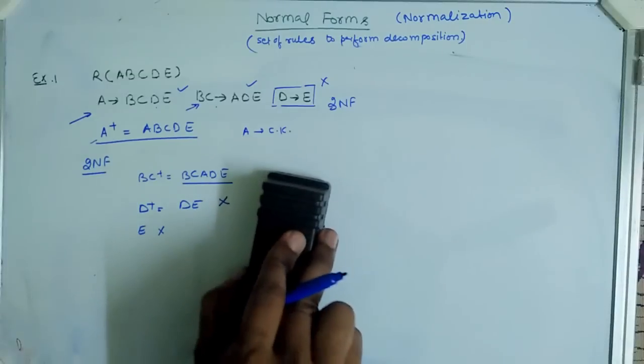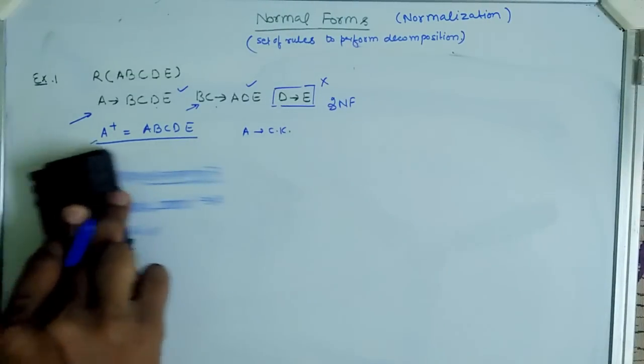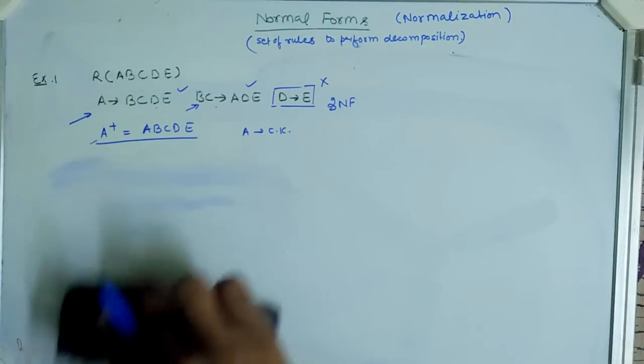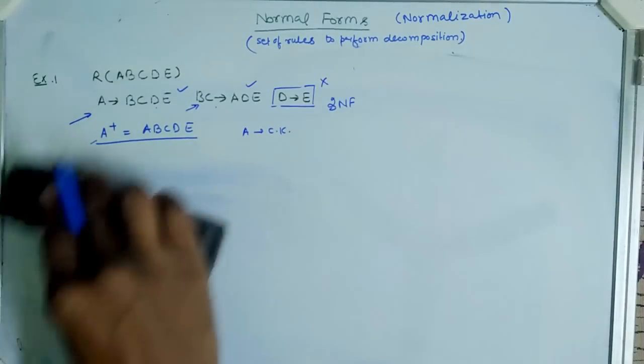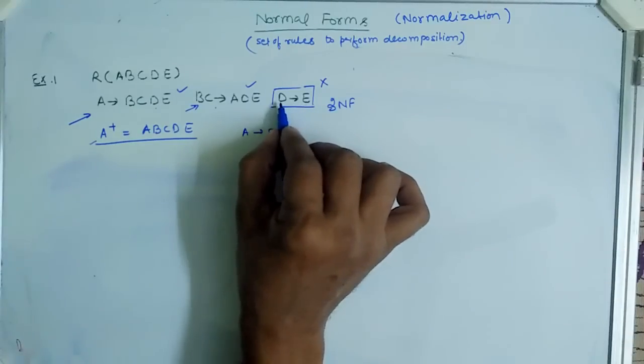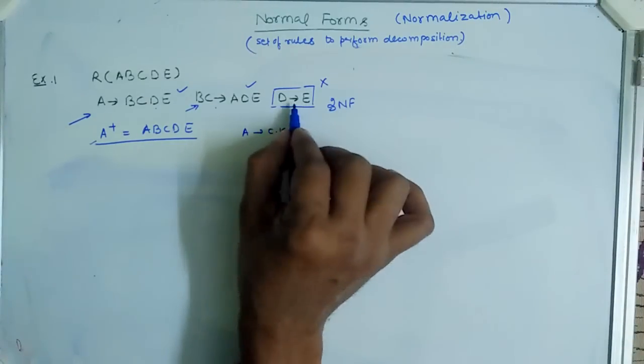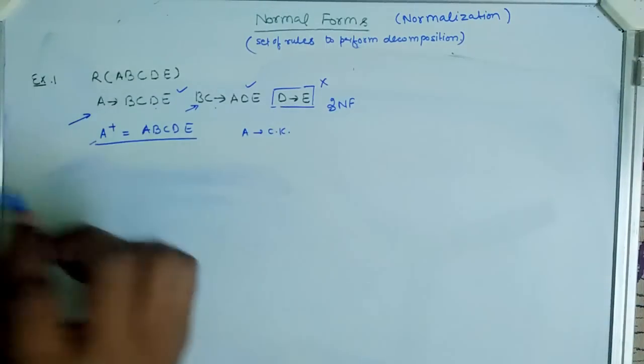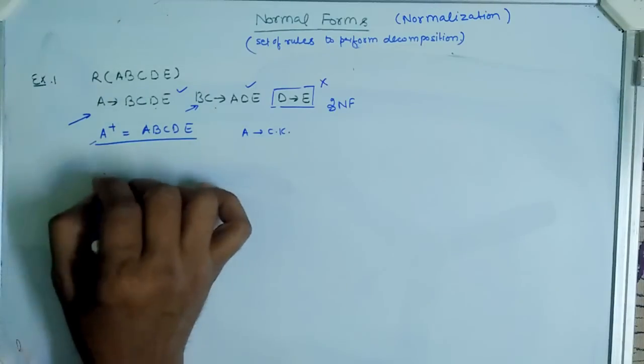So to make this relation be in third normal form, what to do? You need to decompose the relation. To decompose, the attributes which do not satisfy the third normal form property are separated from the actual relation. So this relation is divided into two parts.